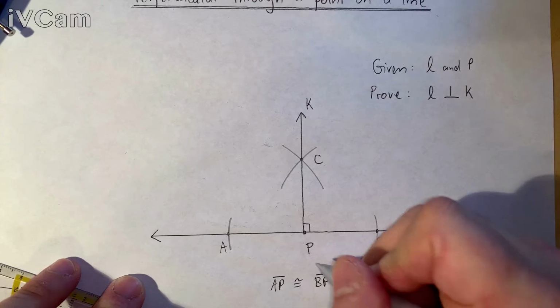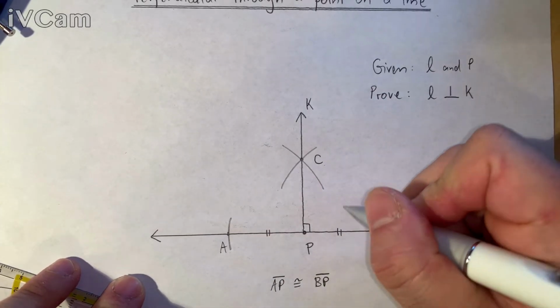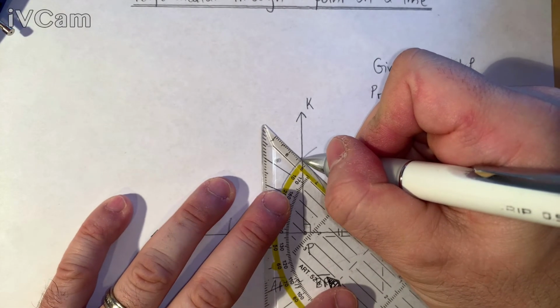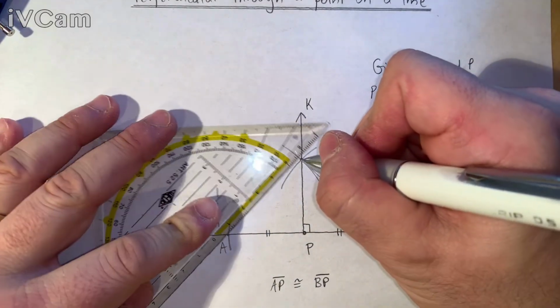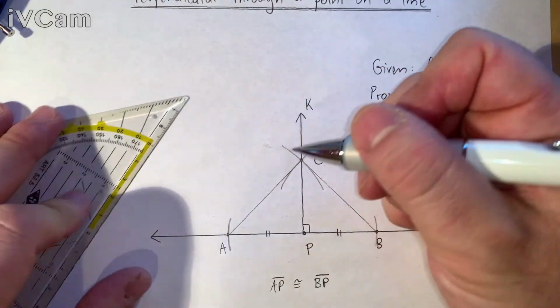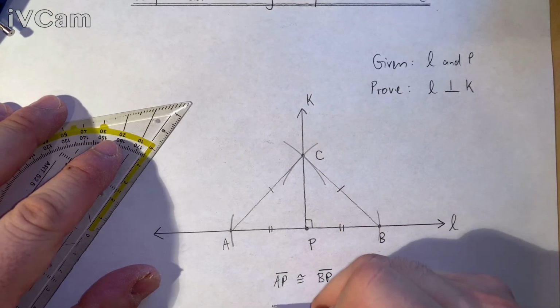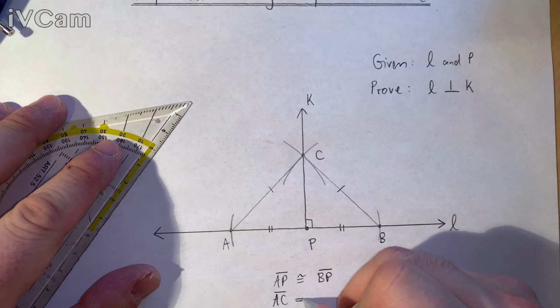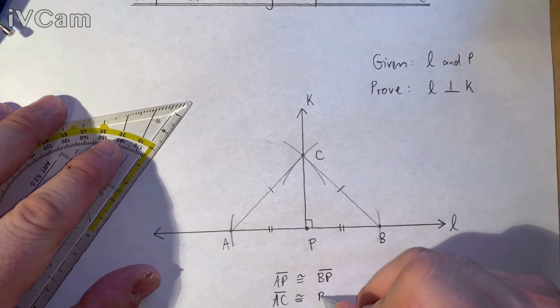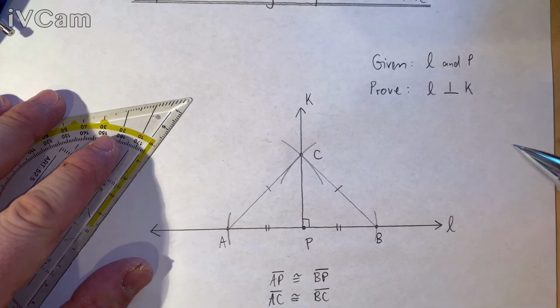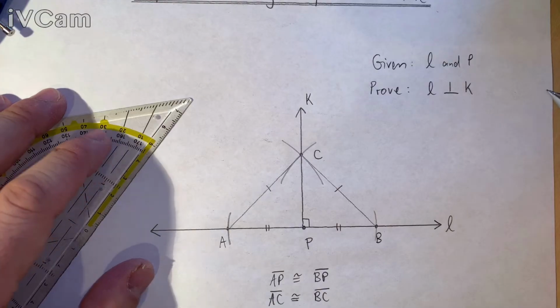So let me highlight that in the diagram. And also when we drew the arcs here, these two segments represent the radius of that circle, and these are also congruent. So we can say that segment AC is congruent to segment BC. So how would we prove that these two lines are perpendicular?